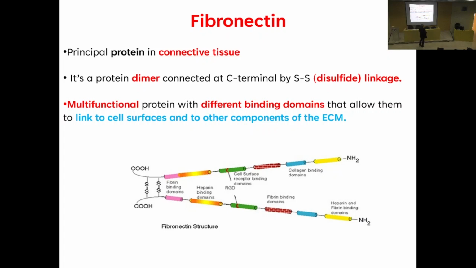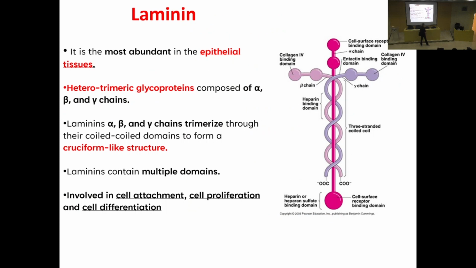Okay. So the next adhesive glycoprotein is laminin. We won't go through a lot of details; laminin is also a glycoprotein. It's an adhesive glycoprotein, and it is composed of three subunits. So we have here the alpha subunit, which is in pink.